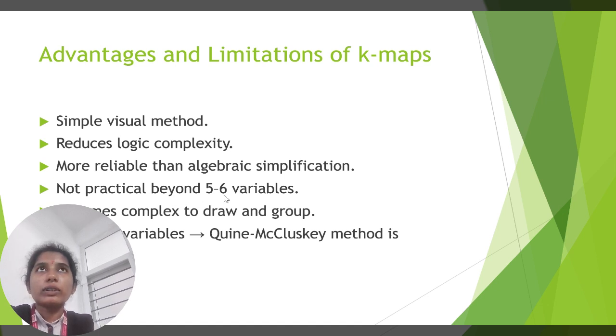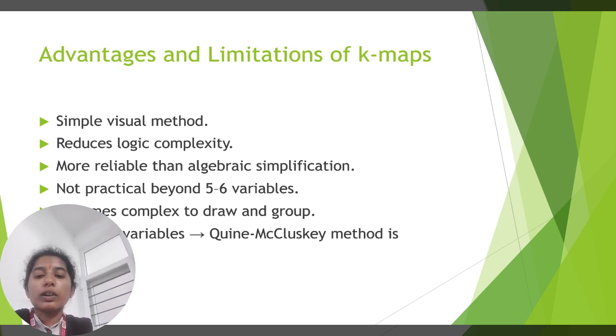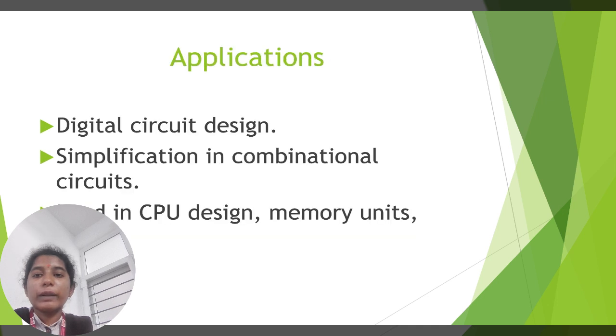With 5 or 6 variables there is a chance of confusion, and it becomes complex to draw and to group. For larger variables, we can use the Quine-McCluskey method, also known as the tabular method, which is preferred for larger variables.